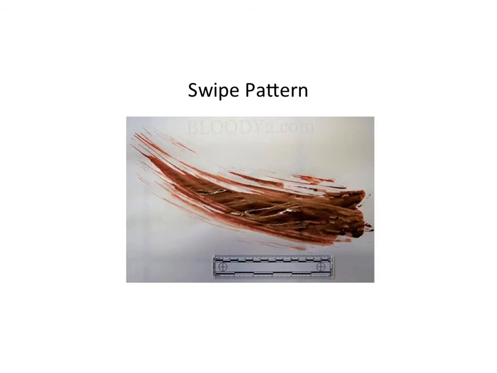So it's a smear. What can you judge from this one in particular? What about the directionality? Can we say anything about the direction it was going? Right, it's going this direction because there's more blood here and it gets thinner. So whatever is being swiped is going up towards the upper left-hand side.